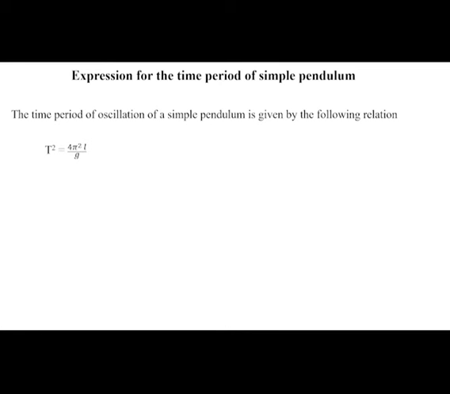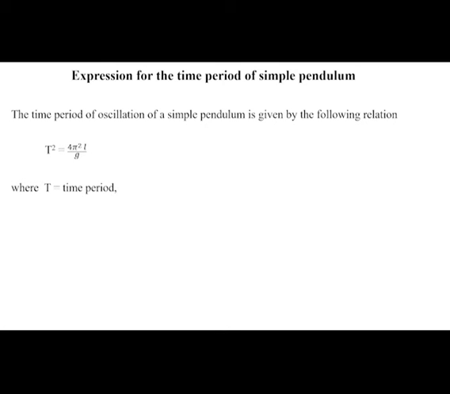Now, let us try to see the expression for the time period of a simple pendulum. So far we have tried to understand that the time period of an oscillation of a simple pendulum is given by the following relation. That is, T square is equal to 4 pi square L by g.